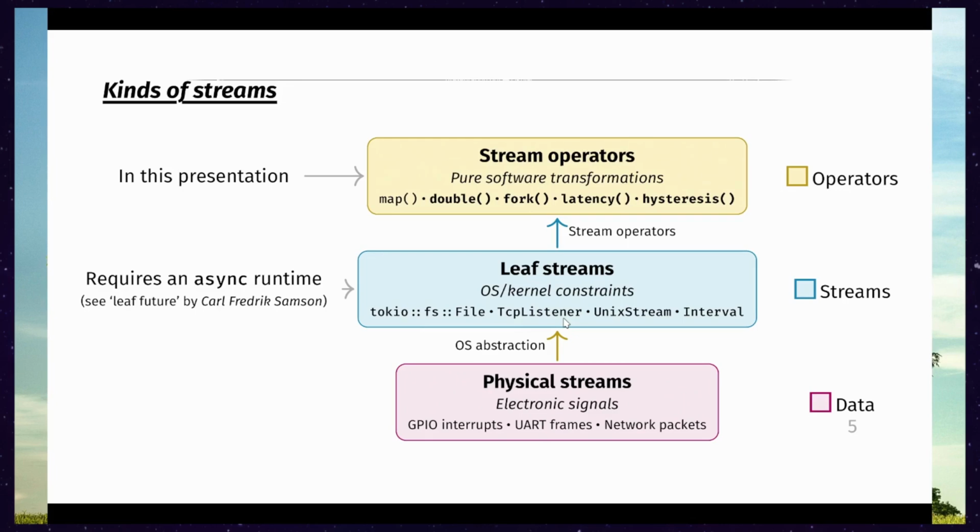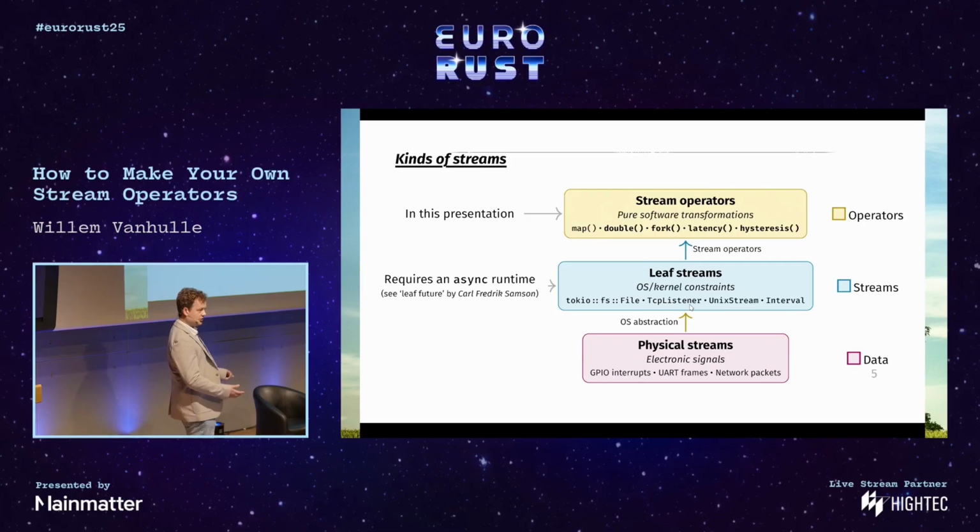But to show you how to build an operator, I'll show you two example operators. A double operator that just doubles an integer stream, which is quite simple, and a fork operator that can branch a single stream into multiple output streams.